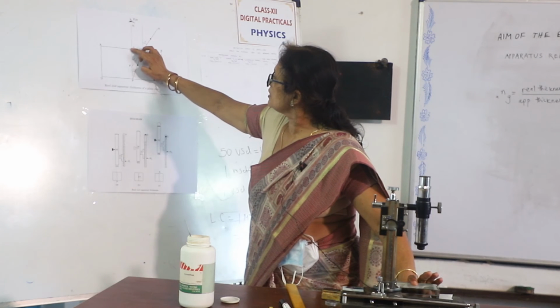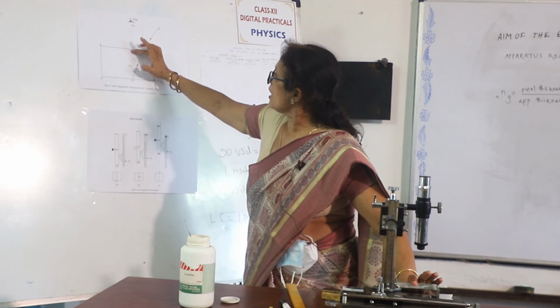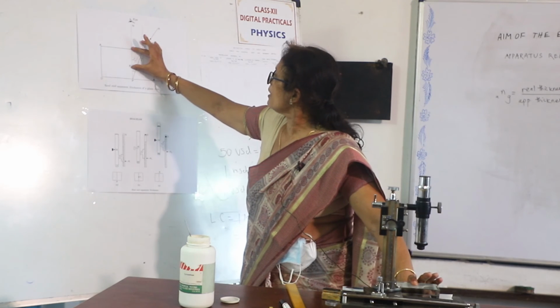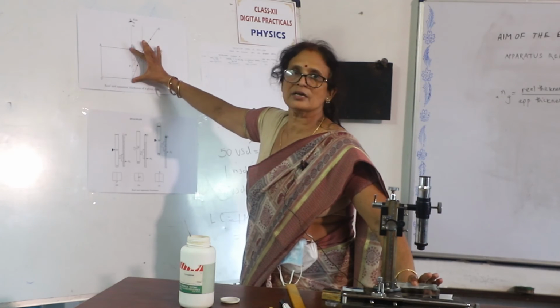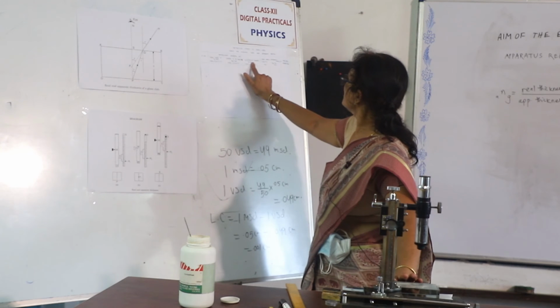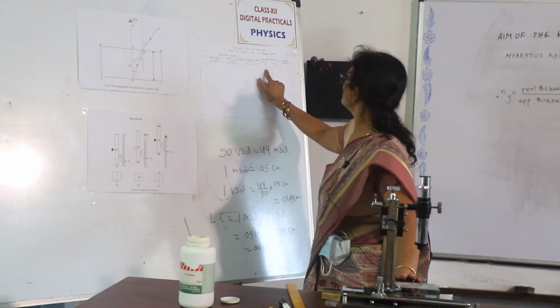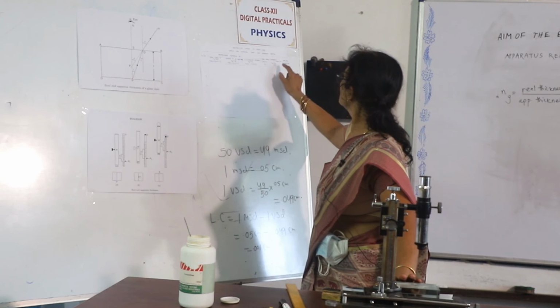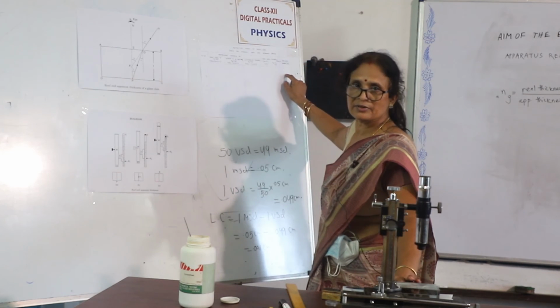This position is R3, this position is R2. R3 minus R2 gives you apparent thickness. So this is apparent thickness, this is real thickness. R3 minus R1 will give you real thickness. R3 minus R2 will give you apparent thickness. Their ratio will give you refractive index.